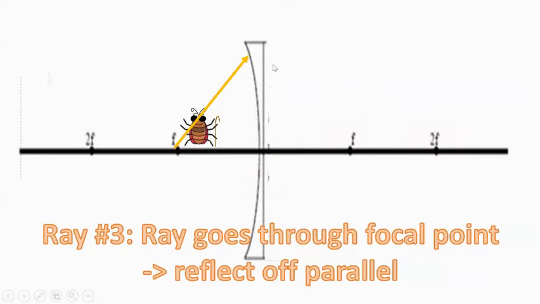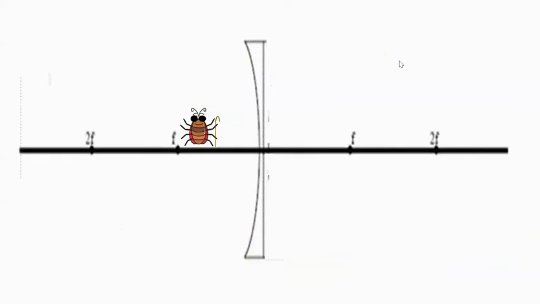Ray number three will start at the focal point. It'll go through the top of the object, and then when it hits the mirror, it's going to bounce back parallel to the ground, or parallel to whatever this axis is. And then you continue the virtual part right there.